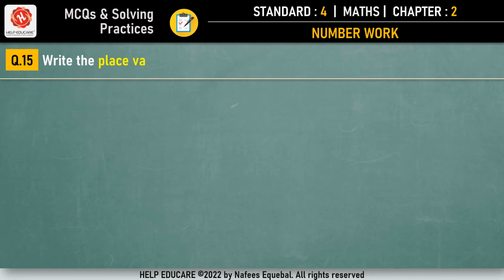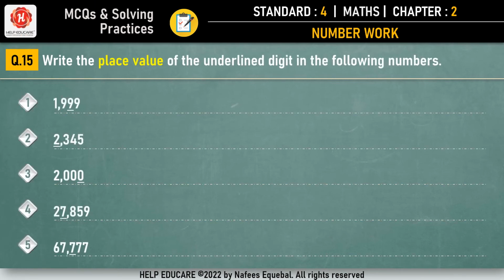Question number 15. Write the place value of the underlined digit in the following numbers. Answer will be displayed in 10 seconds.